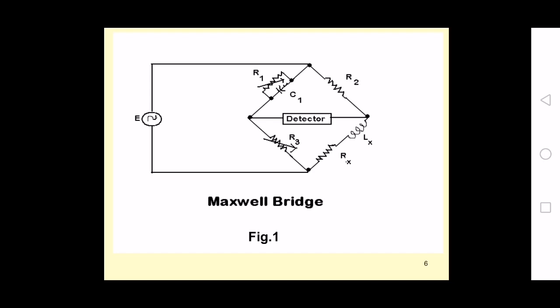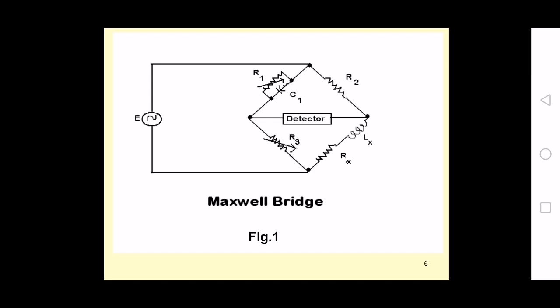That balance adjustment is done by varying either R3 or R1, that is, R1 and or R3.